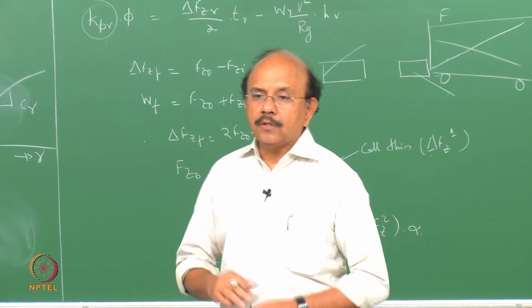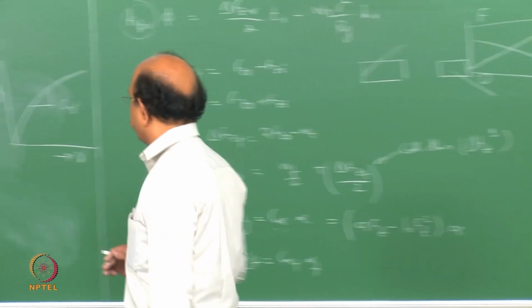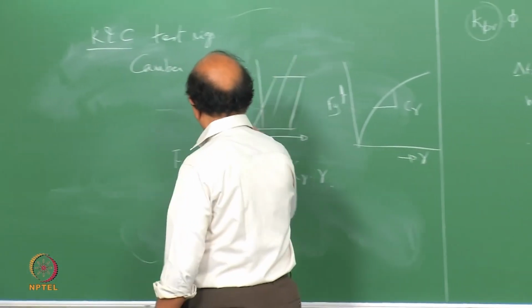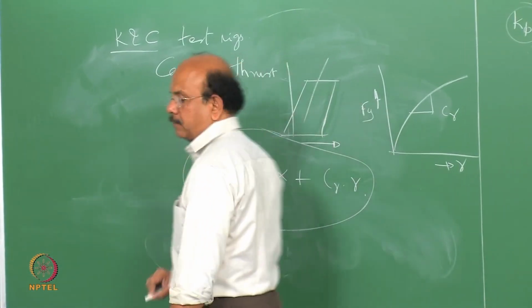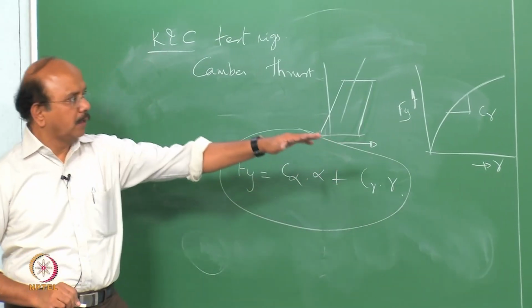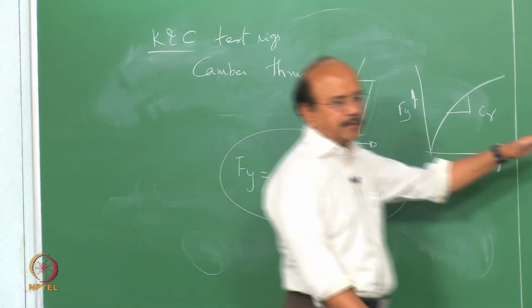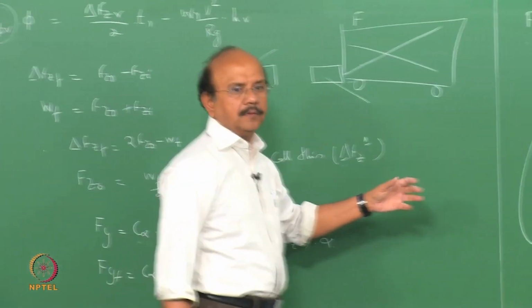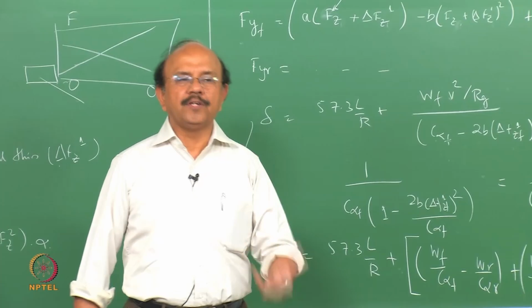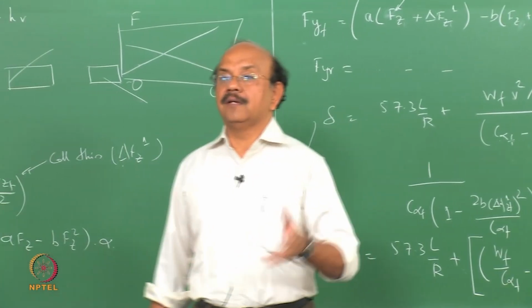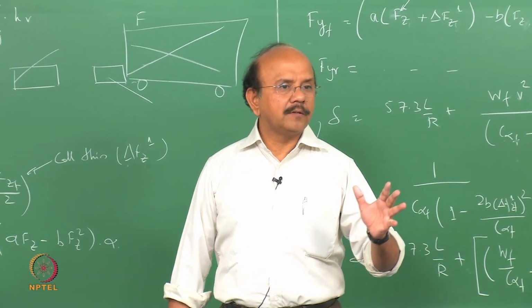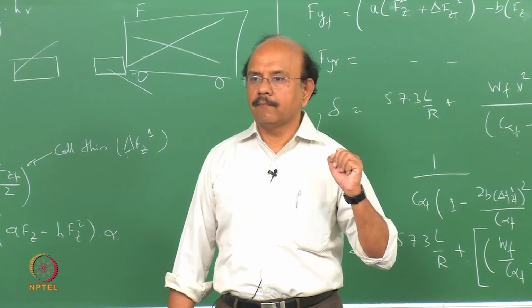Right, so this again produces variations in this whole derivation which we had given here, and so that would introduce further variations in our understeer and oversteer.